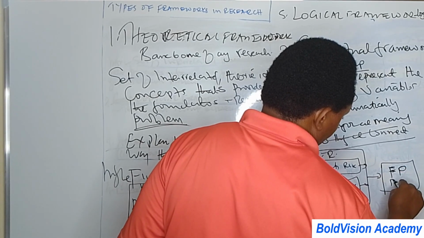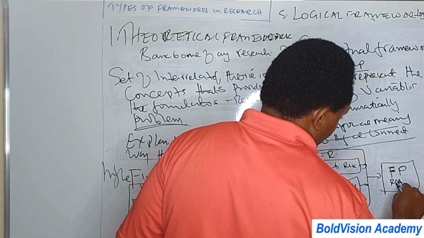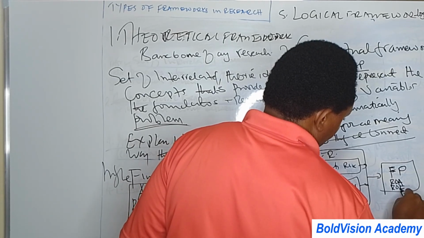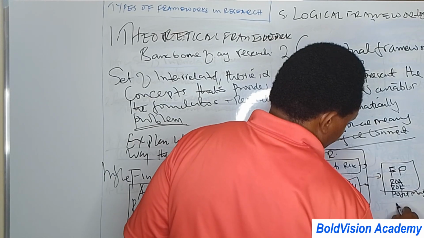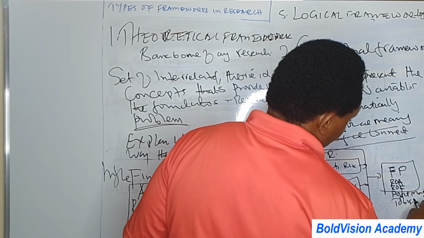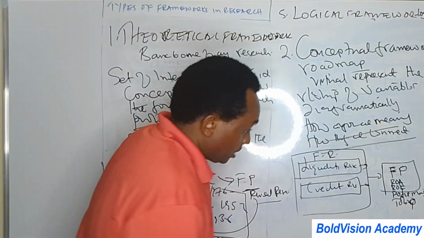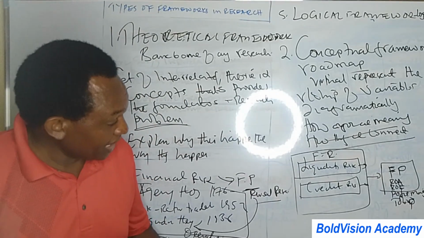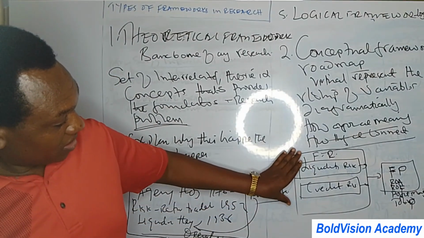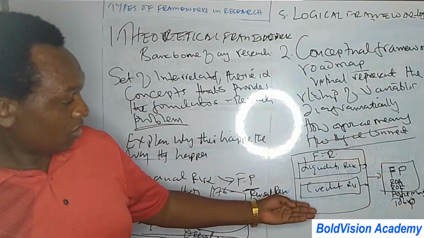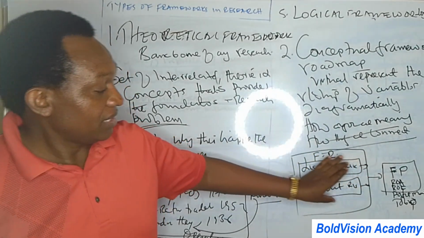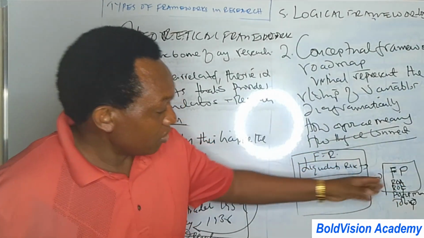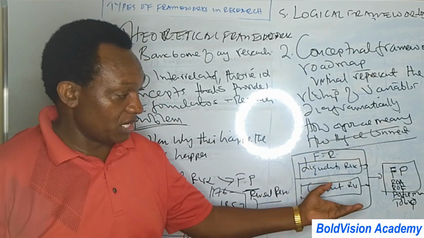And the financial performance can be measured by return on asset, or return on equity, or profit margin, or Tobin's Q. Whatever metrics you are going to use, this is now a conceptual framework. It tells us how all of these variables are connected to one another.